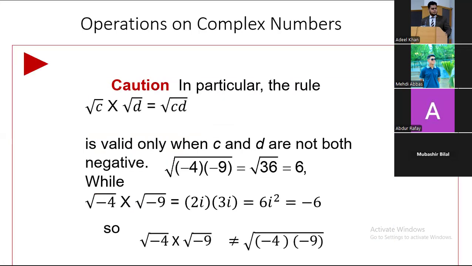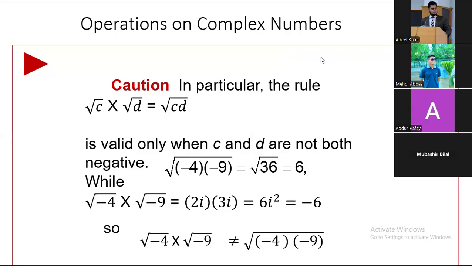We further express that if two radicals, square root of c multiplied by square root of d, can be combined in product form as square root of c into d, individually square root of c multiplied by square root of d is valid only when c and d are not both negative.